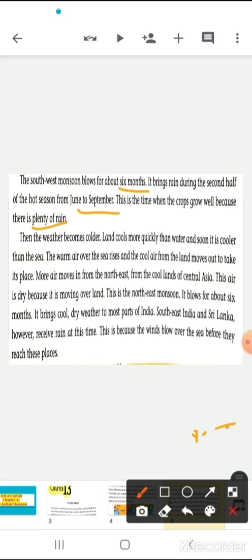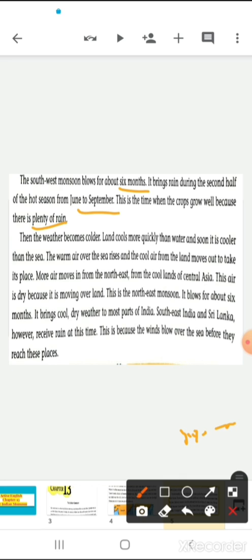Then the weather becomes colder. Land cools more quickly than water, and soon it is cooler than the sea. The warm air over the sea rises and the cool air from the land moves out to take its place.